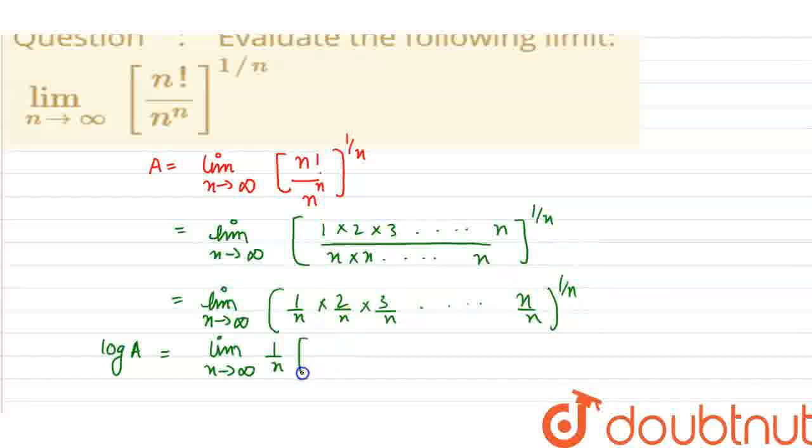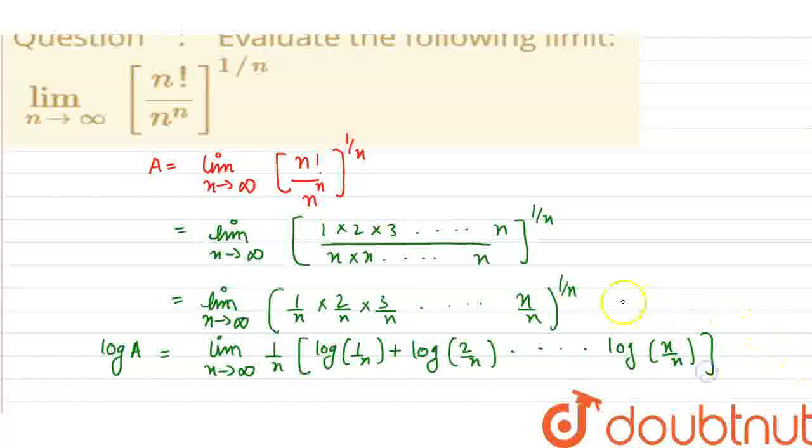And here it becomes log of 1 by n, plus, actually in log it becomes plus, right? So it is plus log 2 by n, and so on, up to the last term, which is going to be log n divided by n, and 1 by n we have already taken outside.